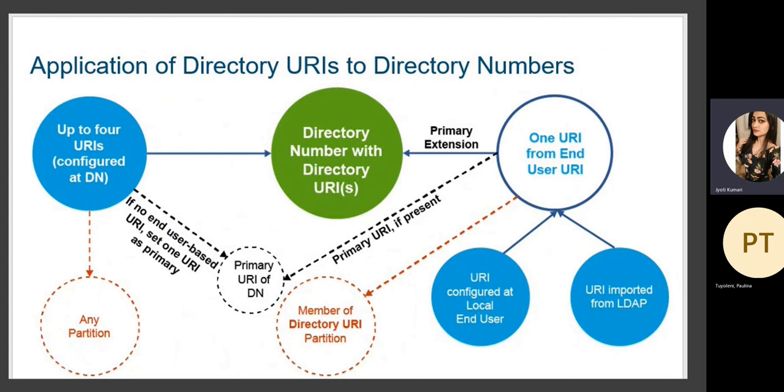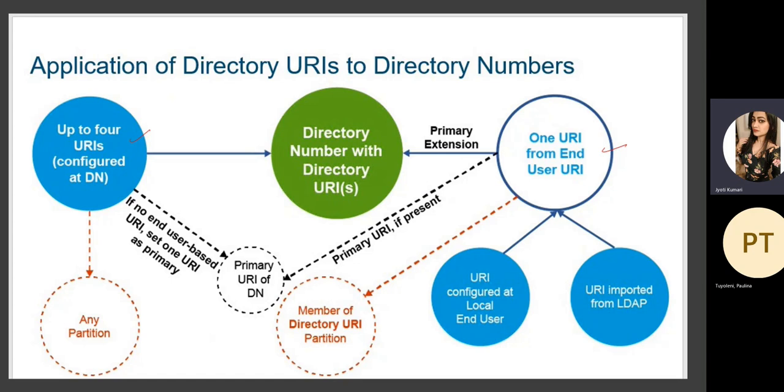Application of directory URIs to directory numbers. If you want to assign directory URIs and associate them with numbers, we can do that. Up to 4 URIs can be assigned to a configured DN. For directory numbers with directory URIs, one primary URI from the end user URI can be configured.